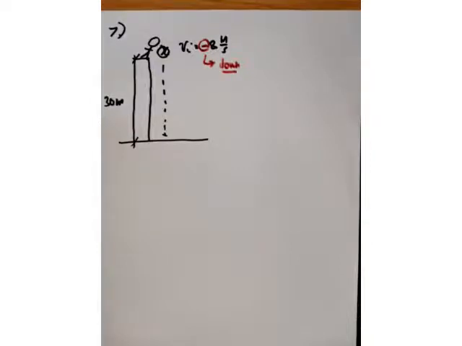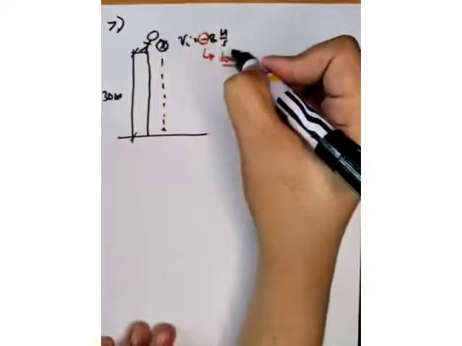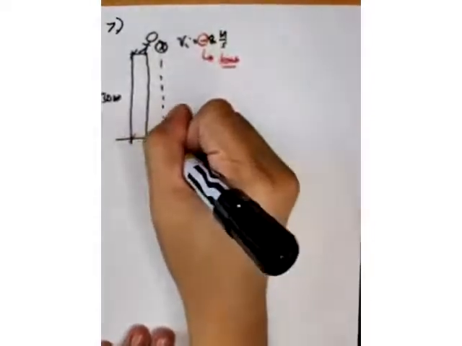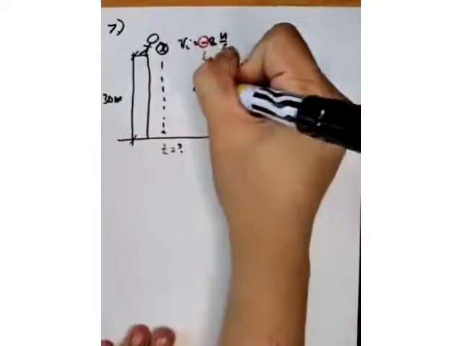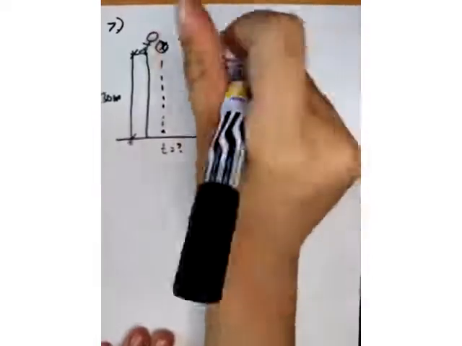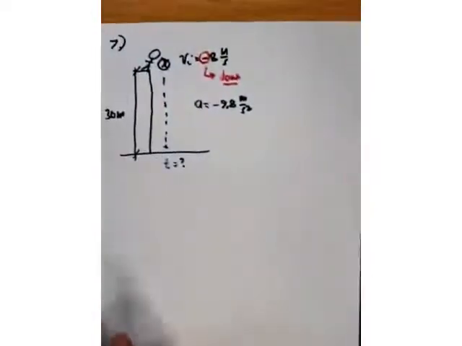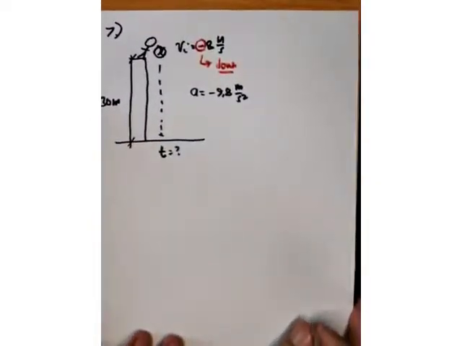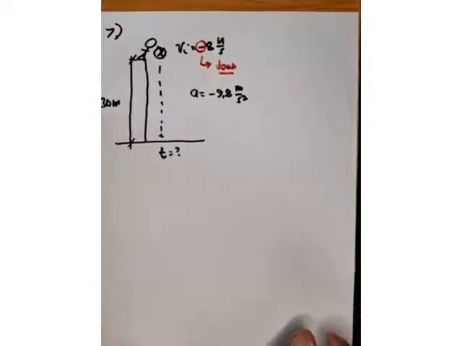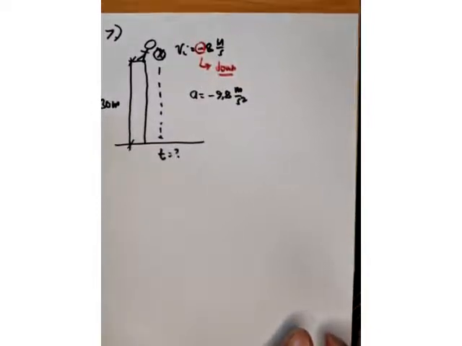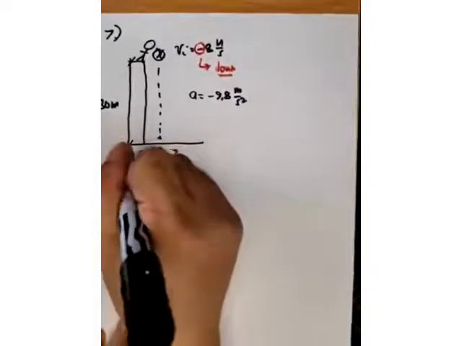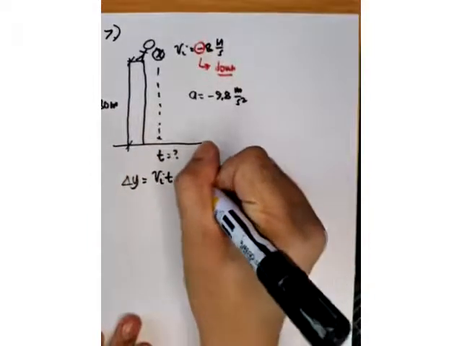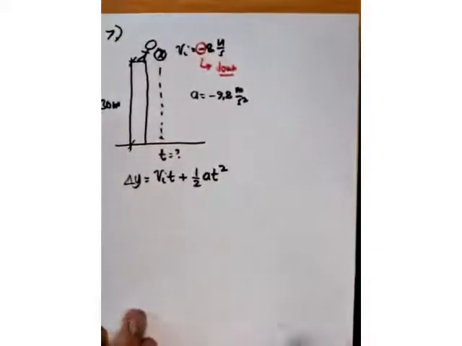Okay, I'm not sure yet. And then, ano pa ba? After what time interval does so? Ano daw yung time? We're also given that a is negative 9.8 meters per second squared. So tinatanong ay time. Formulang gagamitin natin: delta y is v_i t plus 1/2 a t squared.